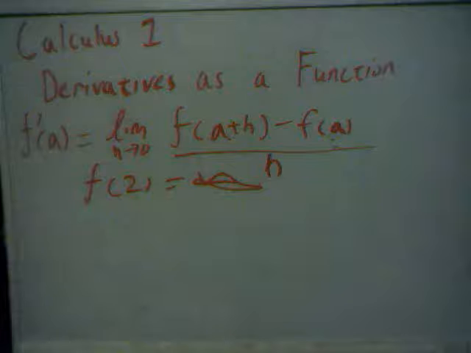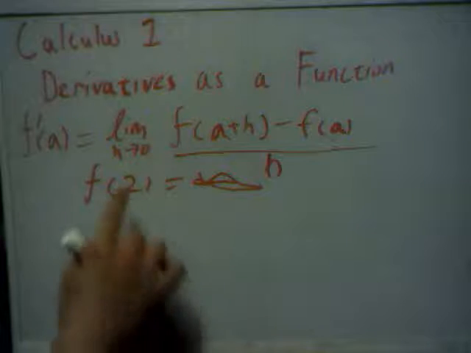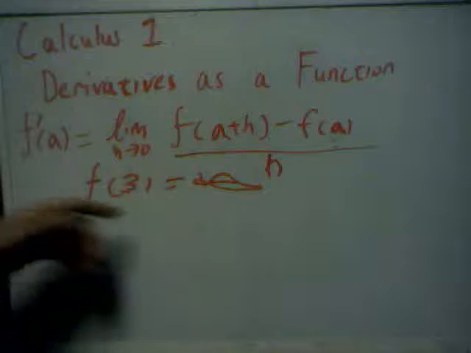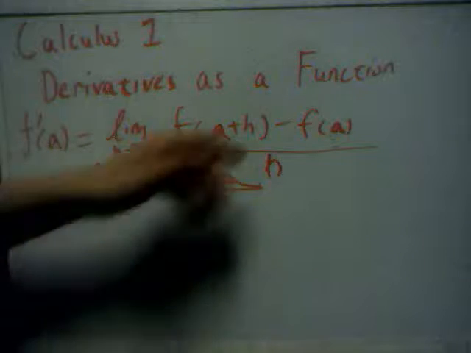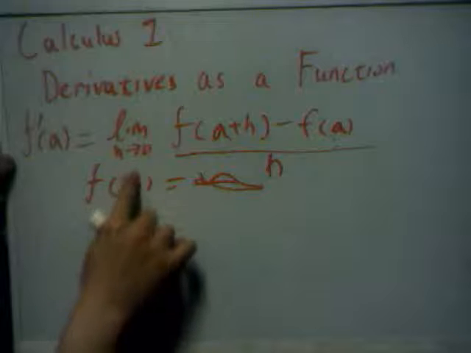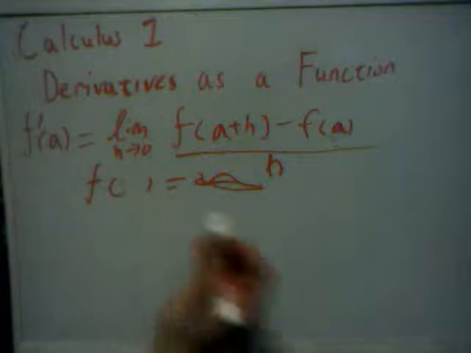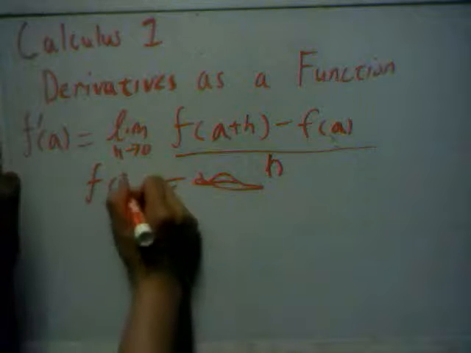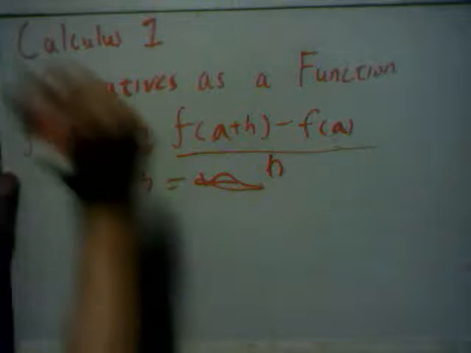point 2. Now, if I wanted to find the rate of change at point 3, then you're going to have to erase this 2, put a 3 here, and then sub in a 3 here, and go through the entire process again to get the rate of change at point 3. Now, let's say if I wanted to take the rate of change at point, I don't know, something like 9 to the 52nd power.